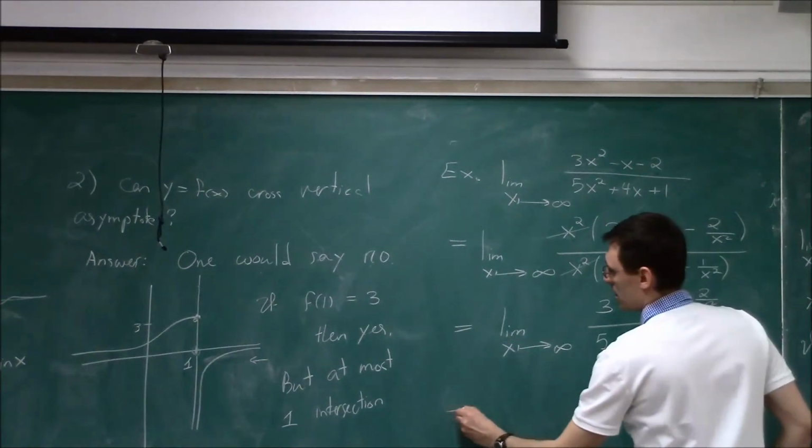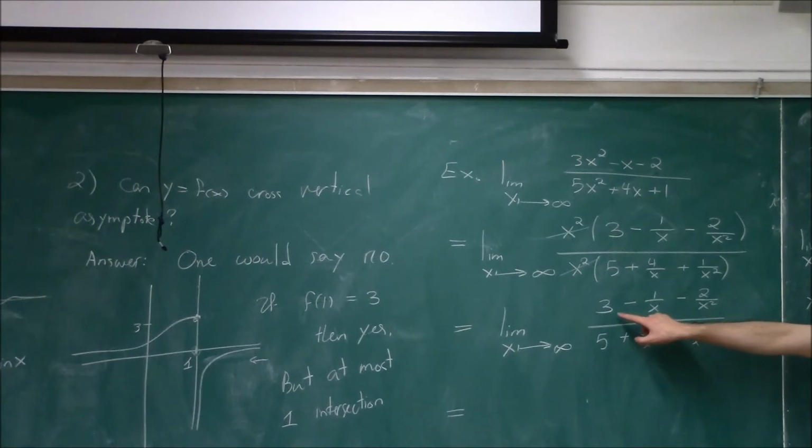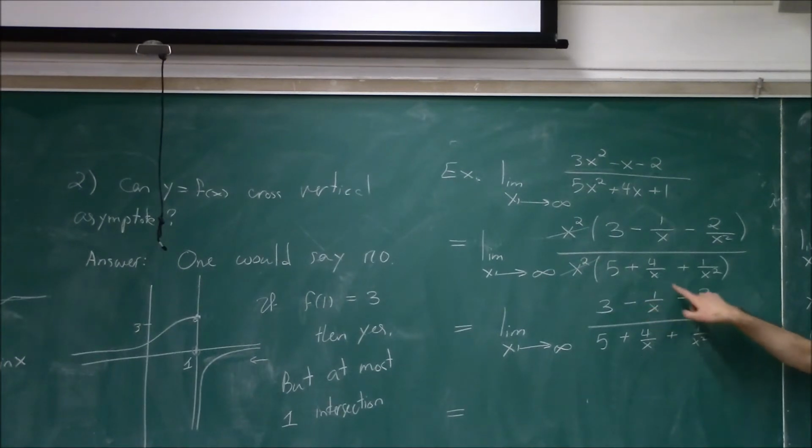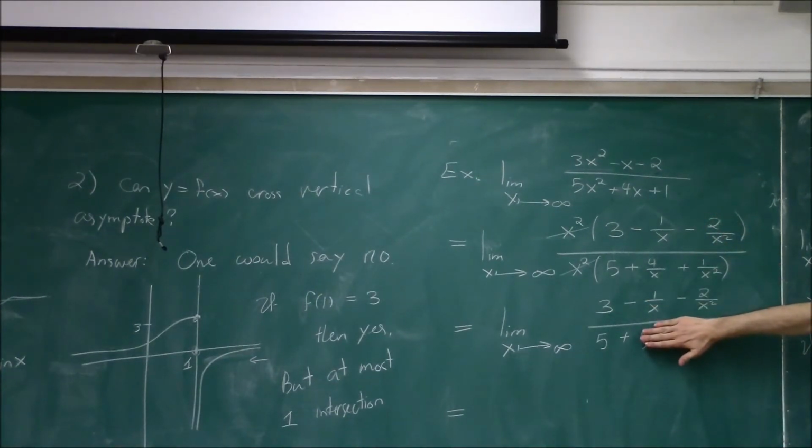What is this limit? No, it's not negative 1. Yes, it is 3 over 5. Now let's see why. This numerator is 3 minus something very small. If x is large, this number is nearly 0, and this number is even closer to 0. So it's really 3 plus or minus a number that is ignorable.